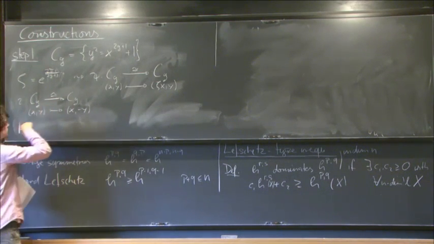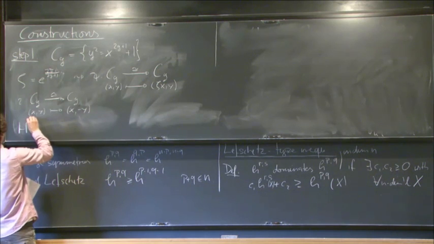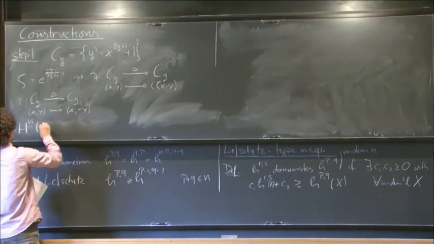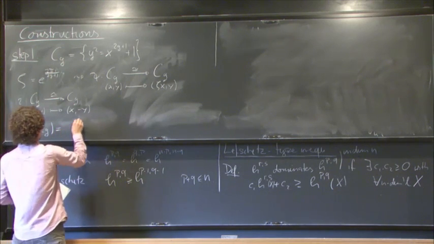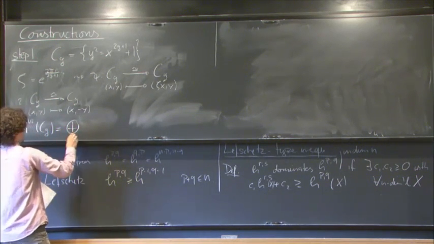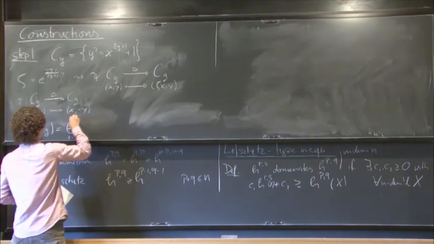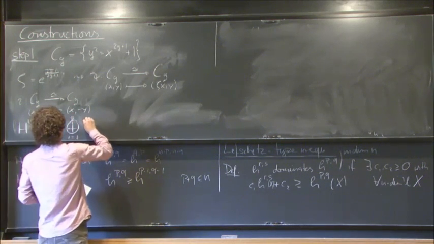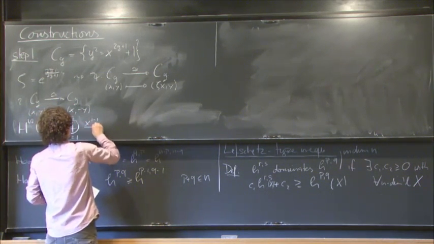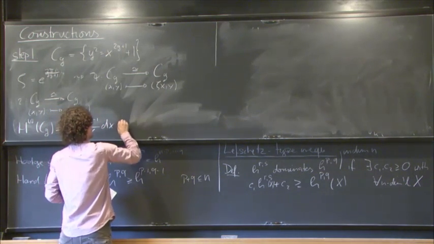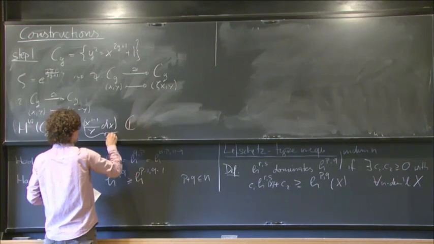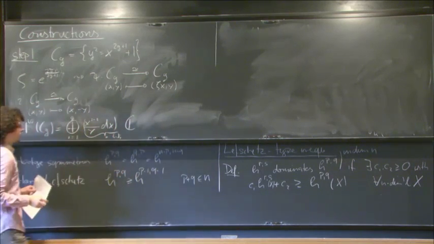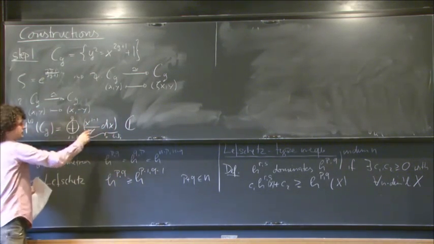So this automorphism is useful because the (1,0) classes of C_g can be described as follows. That's this direct sum from i equals 1 to g, and it's generated by these classes: x^(i-1) dx over y.